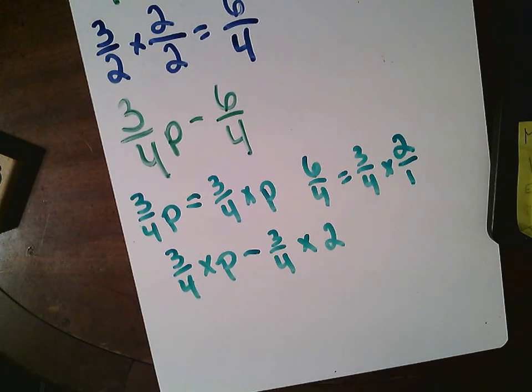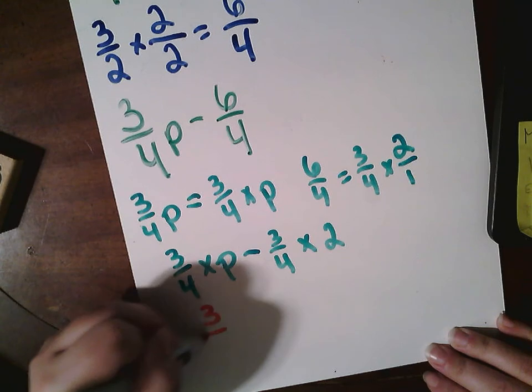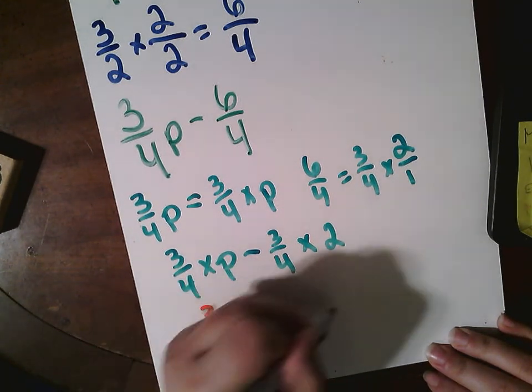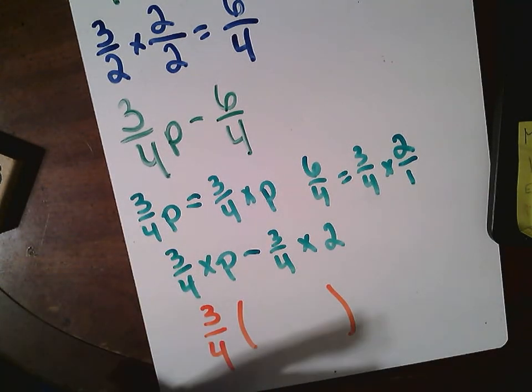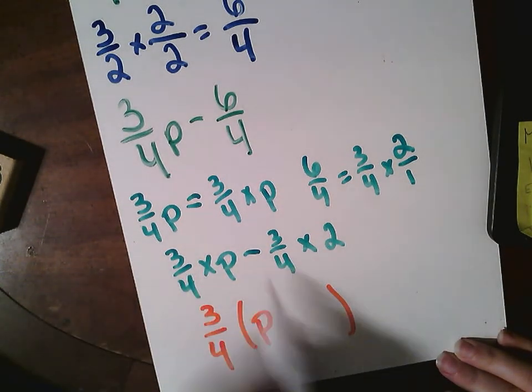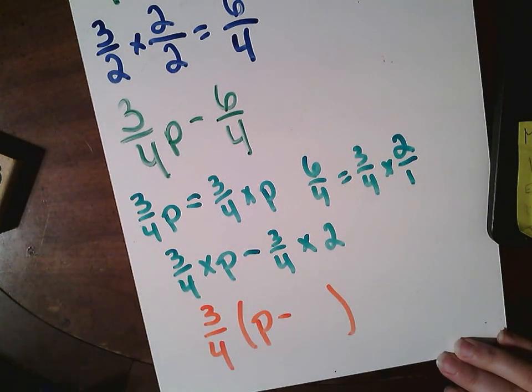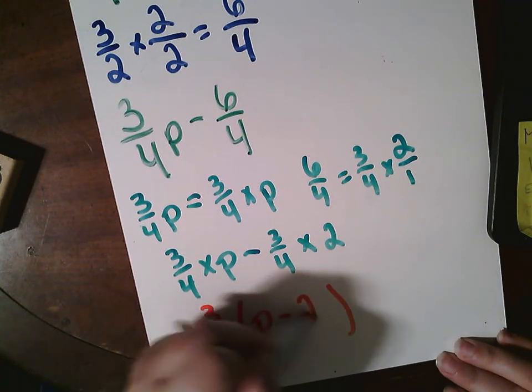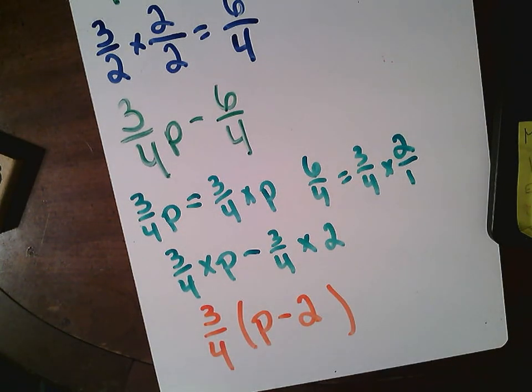So 3/4 is the same, so I'm going to pull that out, 3/4. And now in my parentheses goes whatever I did not use. So I did not use my p, I'm going to put that inside. I didn't use my subtraction, I'm going to put that inside. And my 2, I'm going to put that inside. So my final answer is 3/4 times p minus 2.